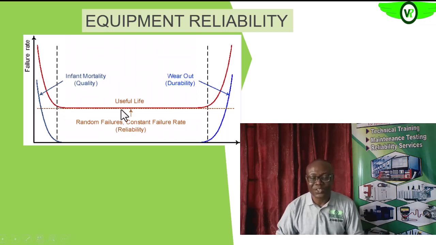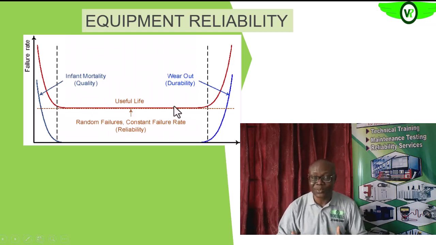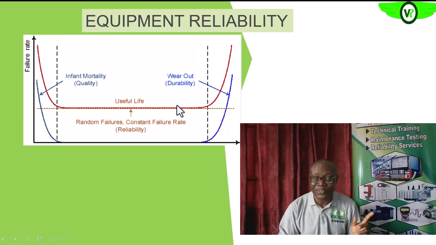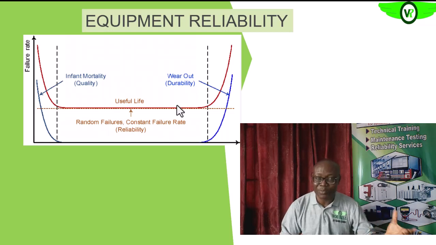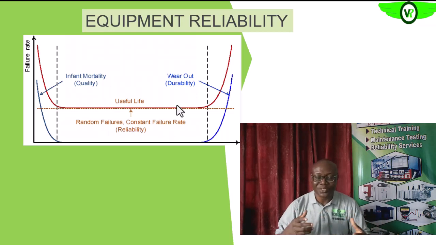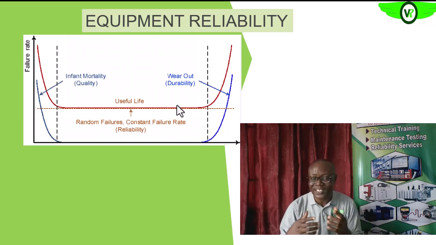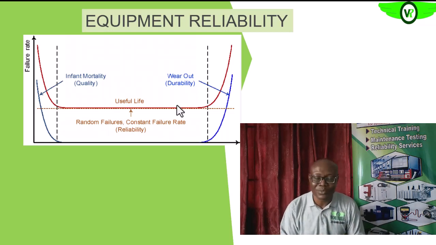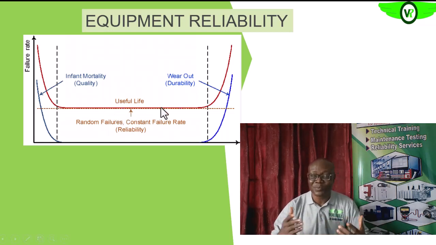These are the useful service life. Any failure that occurs on this part of the curve is random. Like we discussed earlier, if you remember what made the component fail, stressors can be introduced into the process at any time that can cause or initiate the failure of these components in the system. These random failures are random because we do not expect them.